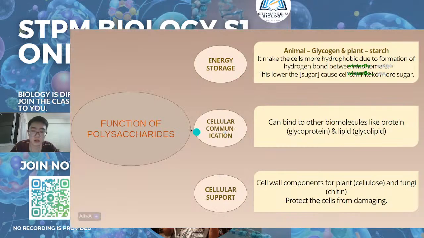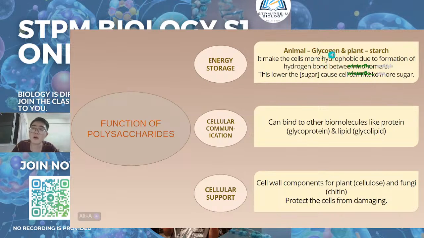Okay, so the function of polysaccharide is normally energy storage. I already mentioned before, animals use glycogen and plants use starch. It makes the cells more hydrophobic due to the formation of hydrogen bonds between monomers. This lowers the sugar concentration, so the cells can take in more sugar.